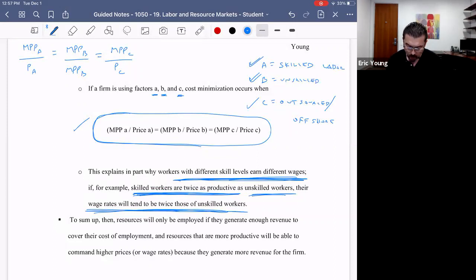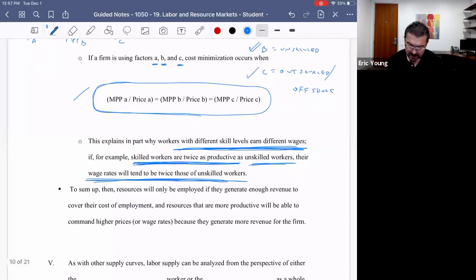Okay? As a quick sum up then, let's finalize it. Just to sum it up quickly, we believe, based on this video and some previous ones, a couple of big concepts. Concept number one, resources will only be employed if they generate enough revenue to cover their cost.